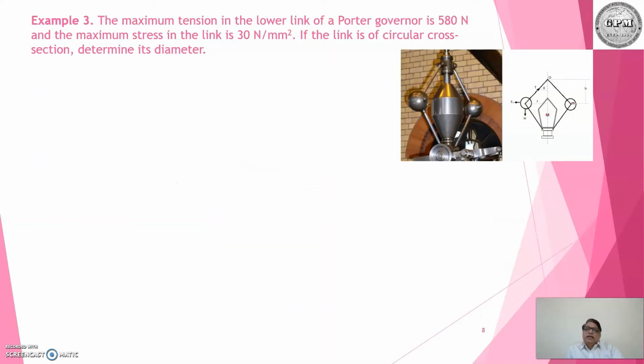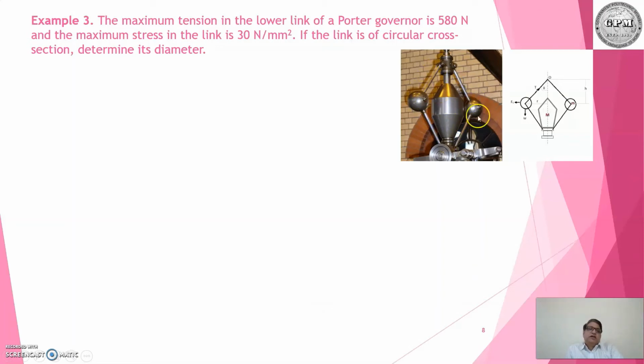So now the next problem is the third. Again, it is a problem related to a governor. The maximum tension in the lower link of a Porter governor. It has got a spindle.